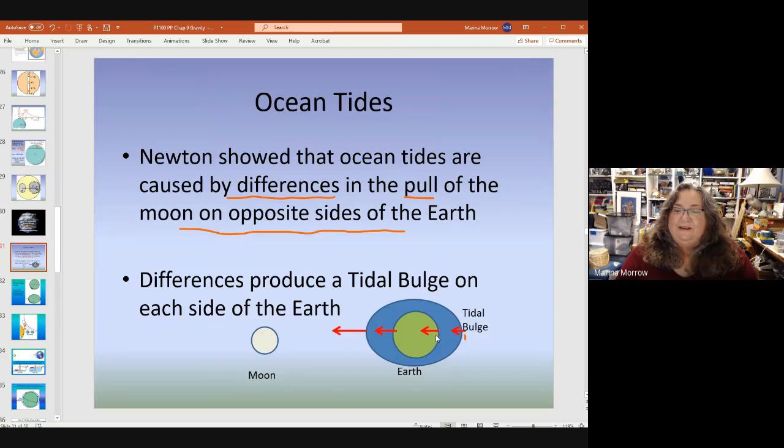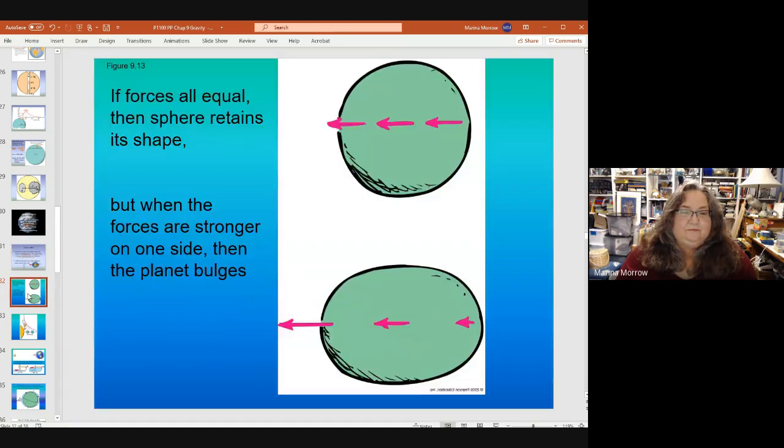So you have a difference of forces between all these different layers, and they get stretched out, and the water forms a tidal bulge. Our planet is also stretched out a bit so that it is fatter around the center. It's called oblate. So our planet bulges towards the moon.